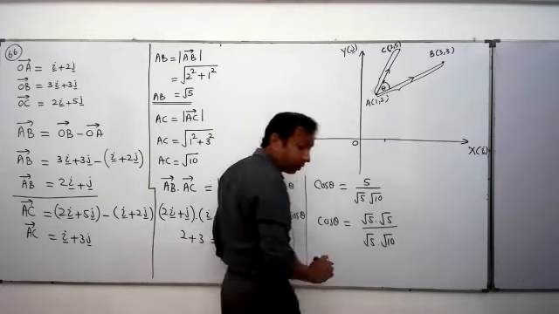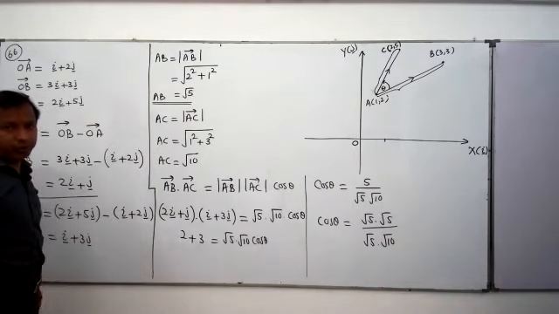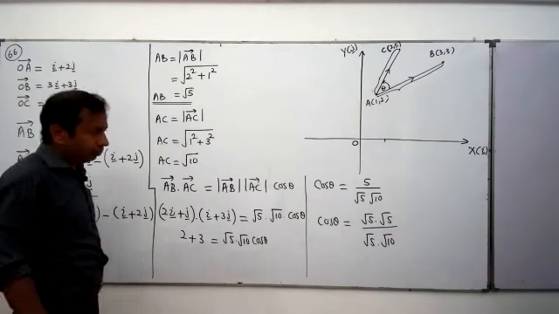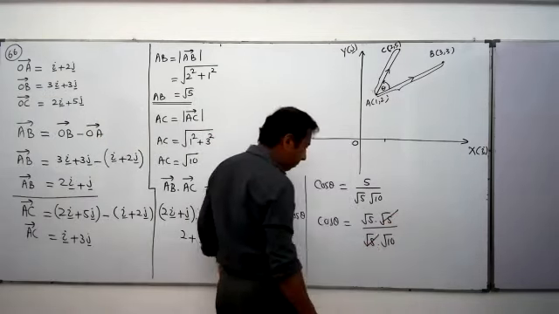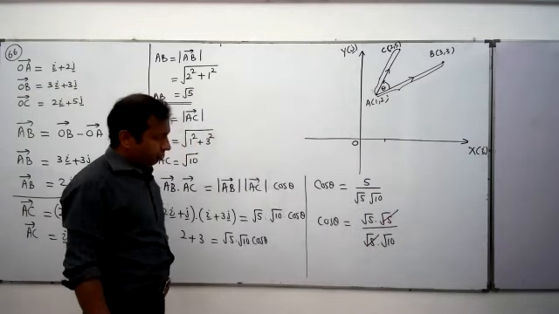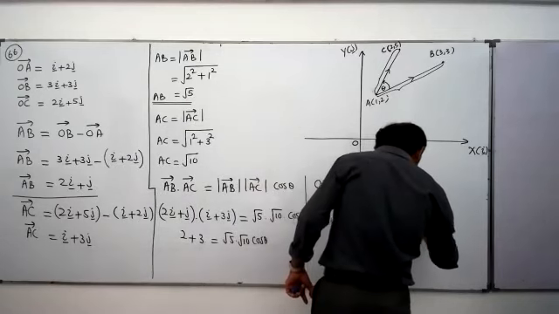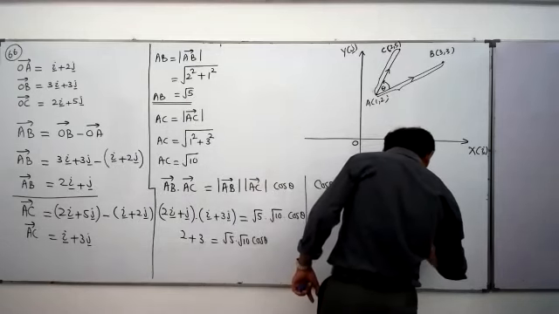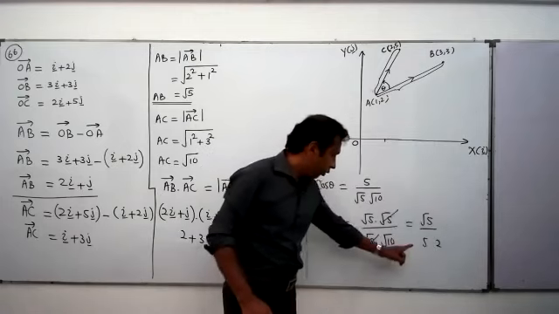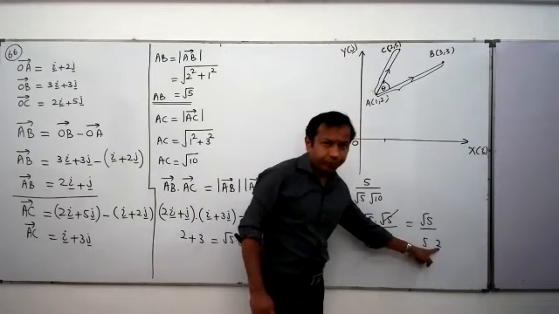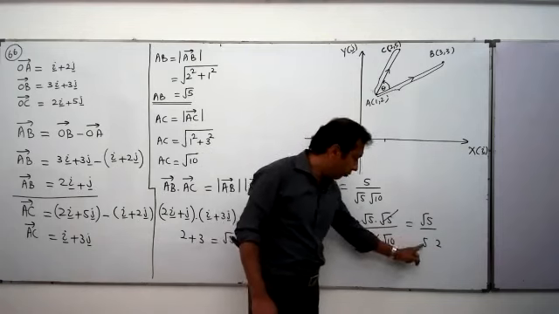This way you can write. 5 you can write as root 5 into root 5. Then you can cancel this root 5 with this. Even how to write root 10? Root 10 you can write this way, 5 into 2. 5 multiplied by 2 is the way of writing this 10. Since the root is available there, apply root for this and this both.